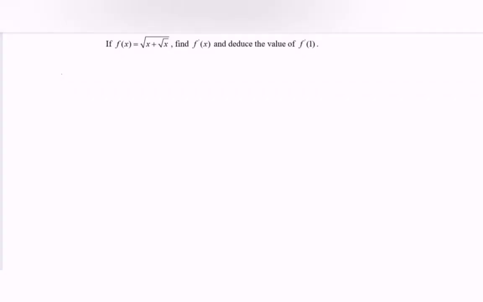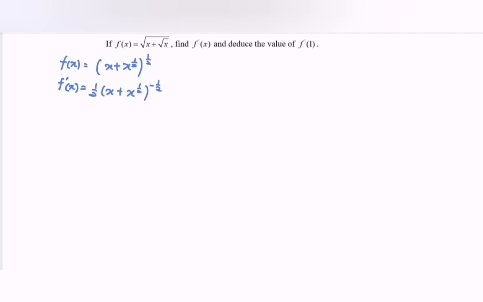Next, here we have f(x) equals to bracket x plus x to the power 1 over 2, bracket to the power 1 over 2. So find f prime x, then deduce the value for f prime of 1. So what we have to do is to differentiate the function given. We have f prime x equals to, focus on the outer part, where we have 1 over 2 bracket x plus x to the power 1 over 2, bracket to the power negative 1 over 2.